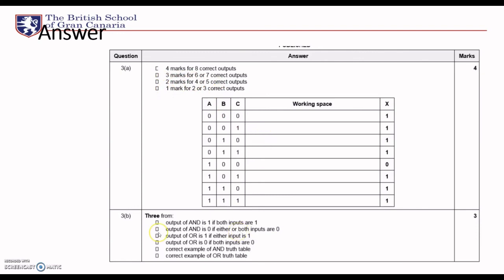For the AND, if both of the inputs are 1, then the output is 1. If both the inputs are 0, then the output is 0. For the OR, if either one of them is 1, then it's 1, and so on. That's 3 marks. So if you basically wrote out the rules of the gates, you would have got it right.